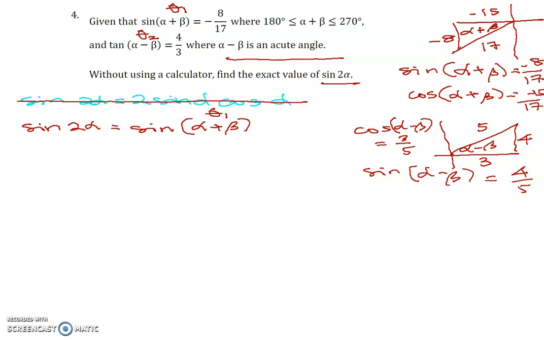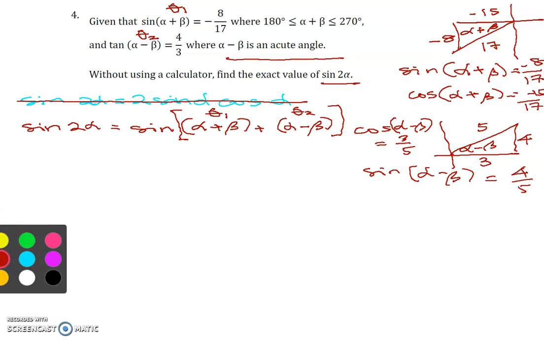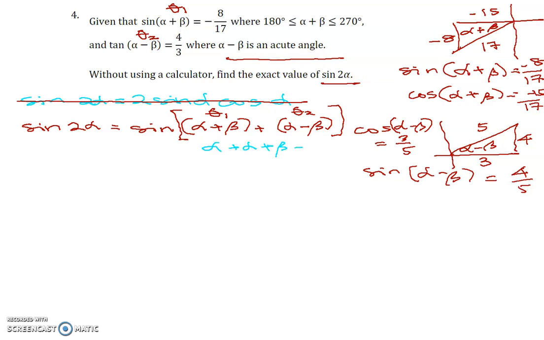Let's say this is your theta 1, and if you add alpha minus beta, which you treat as your theta 2, alpha plus beta plus alpha minus beta gives you 2 alpha, correct?